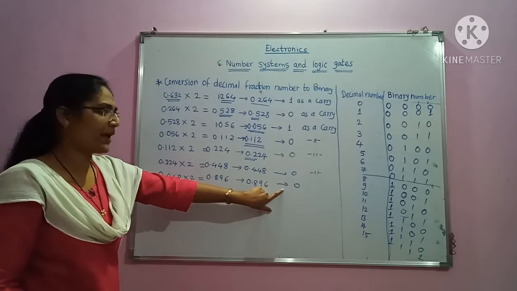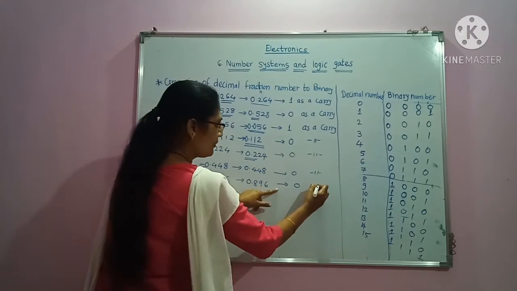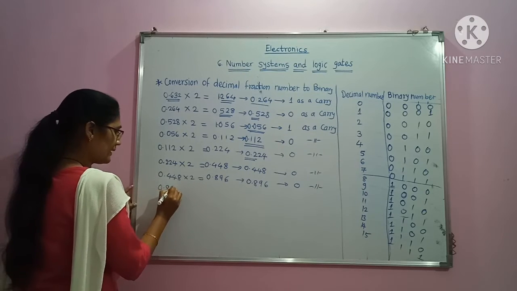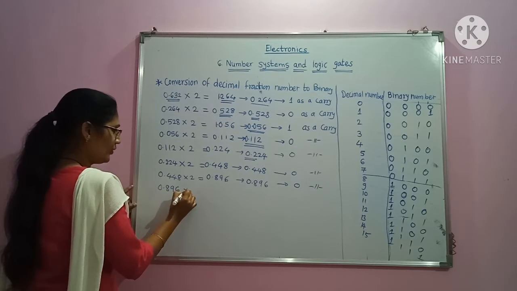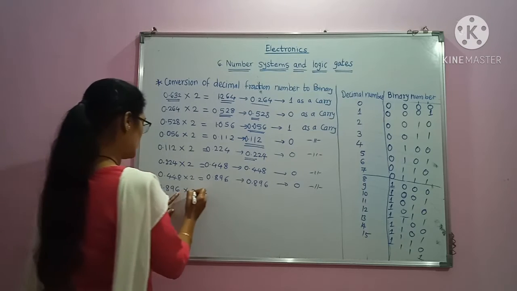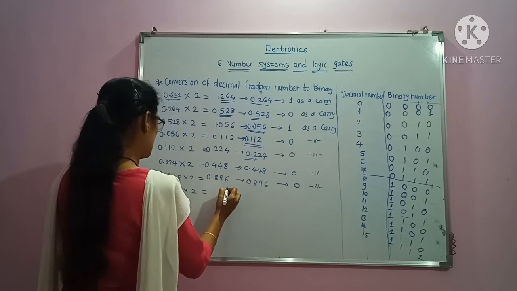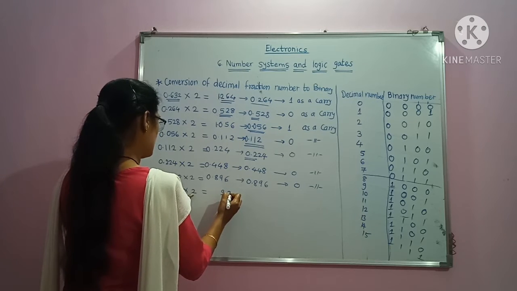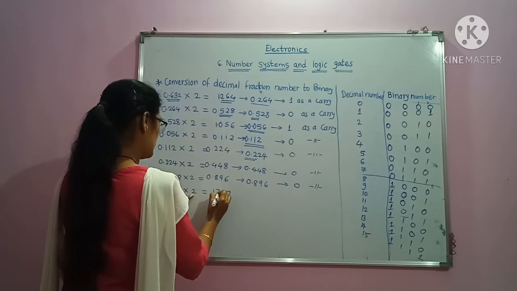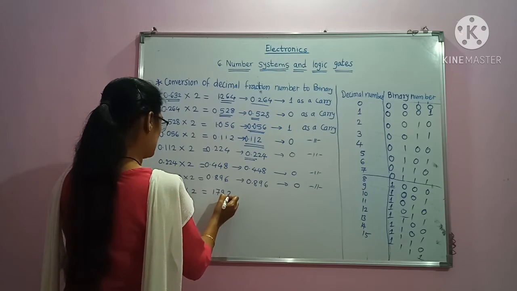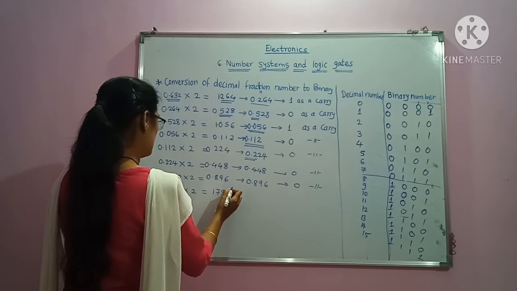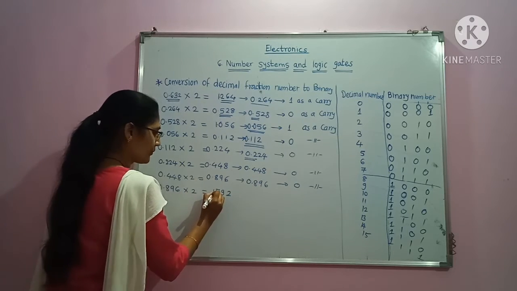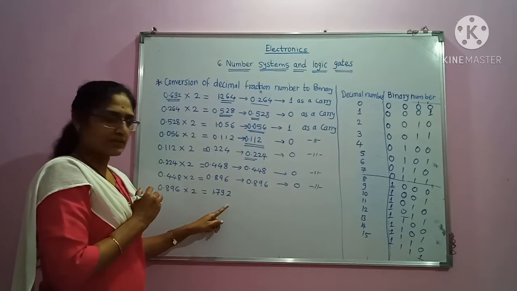Now the last time I have to perform the same multiplication by 2. 0.896 into 2. So I have obtained this number.